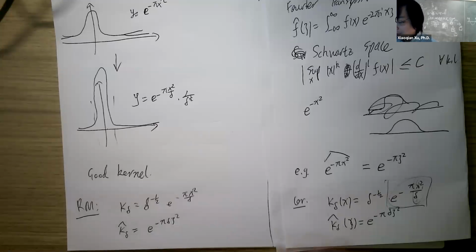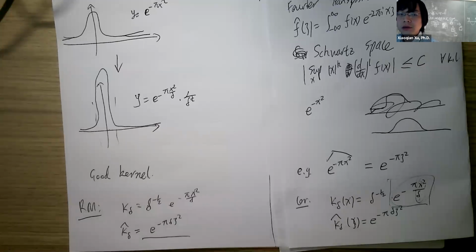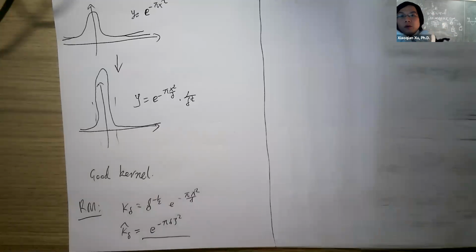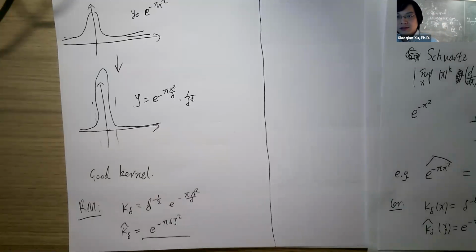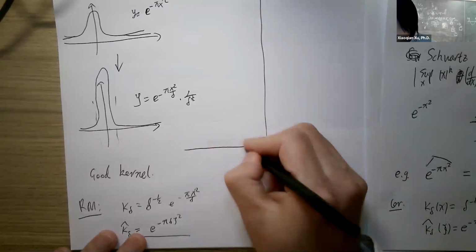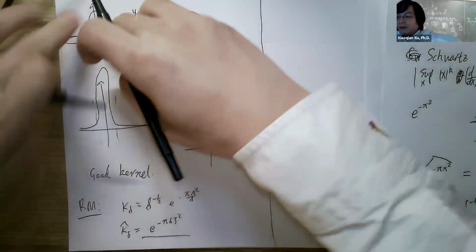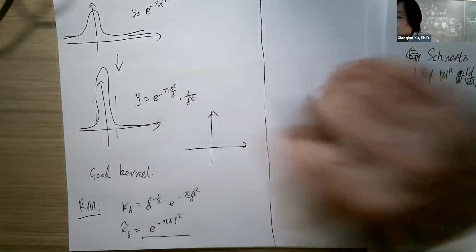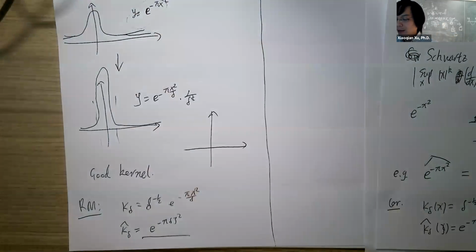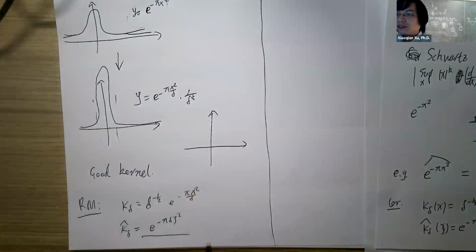Okay, so for this function, you can still try to play with it and see what happens. For this function, what happens is, well, you somehow not squeeze it, but try to expand this standard Gaussian. Okay, because you can see that when psi equals to 1 over square root of delta, this equals to e to the power minus pi, right?